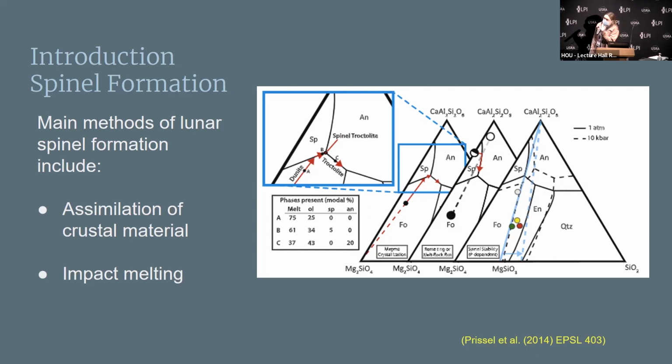In the middle ternary diagram, we can see that anorthosite-rich troctolites can generate spinel, as well as assimilation of crustal material, seen in the half black, half white circle, with forsterite normative basaltic material with a mixing component of anorthositic material. And on the right ternary diagram, we can see in blue the spinel stability field, which can be expanded with increasing pressure.